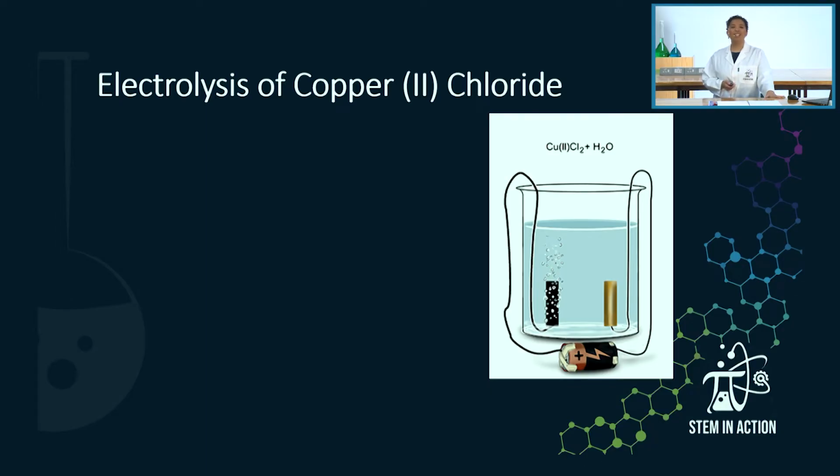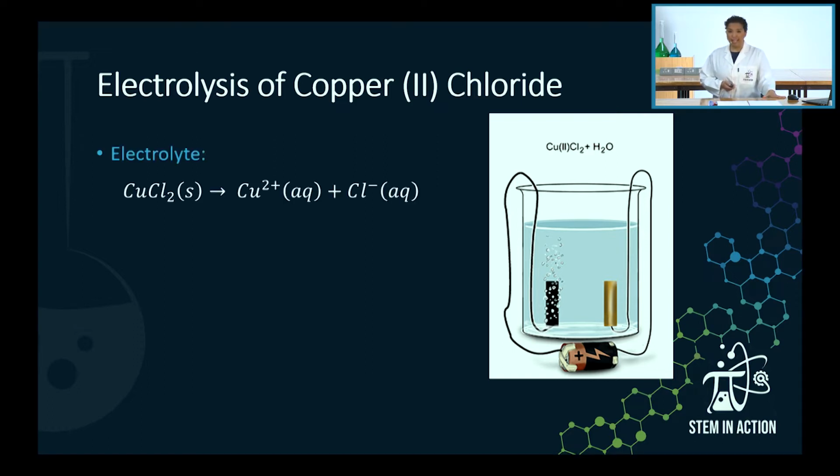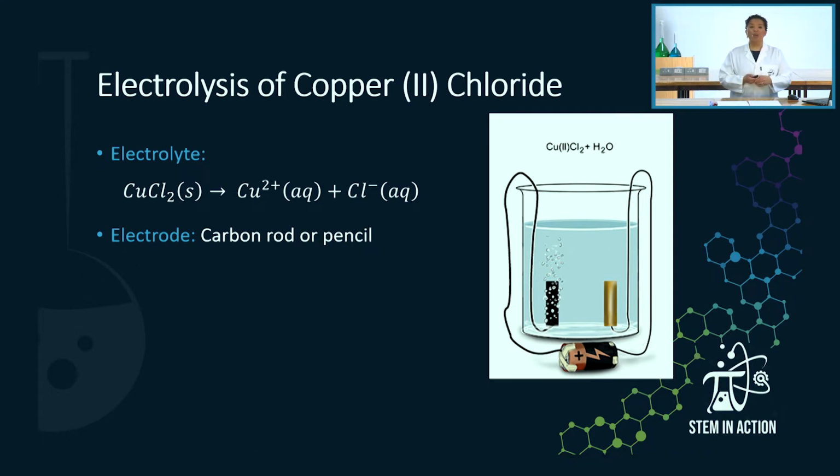If we consider the electrolysis of the copper 2 chloride cell, in this case, the electrolyte is copper chloride. There are copper 2+ ions in solution and chloride negative ions in solution. The electrode is a carbon rod. We could use pencils, the graphite pencils.